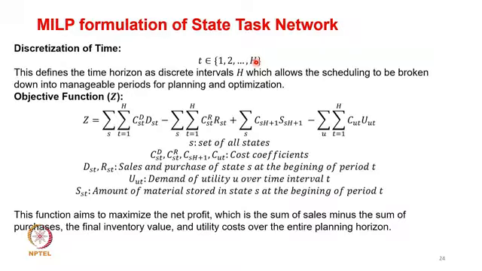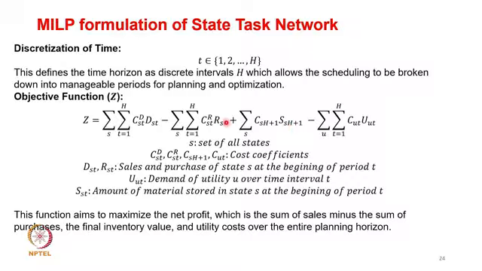The objective function here is to maximize the net profit, which is the sum of sales minus the sum of purchases, final inventory value and the utility cost. Okay, so utility cost has to be taken out.